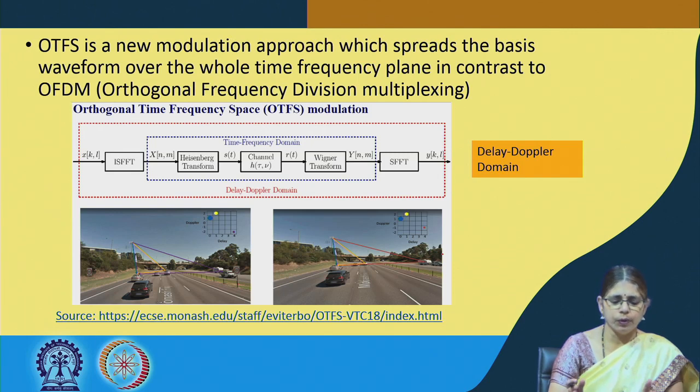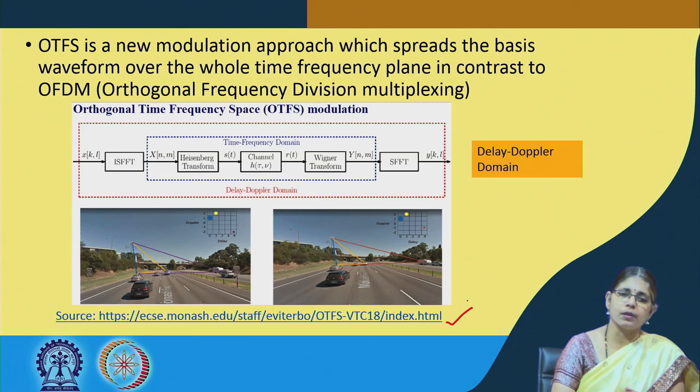So, if you look at this particular source which is given in this illustration, this very nicely explains to you what is this technology associated with this OTFS, how is this different from OFDM and how it will go beyond the OFDM, and how the potential of this technology is realized.